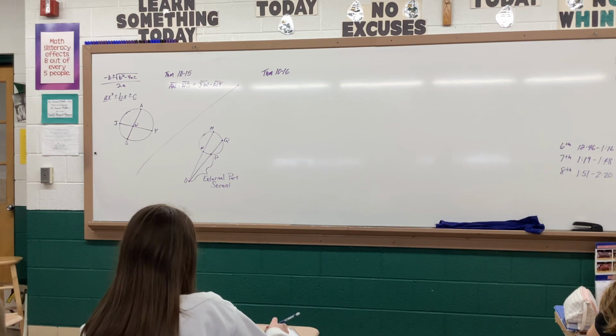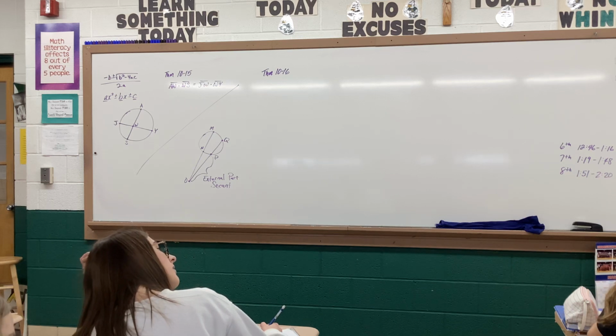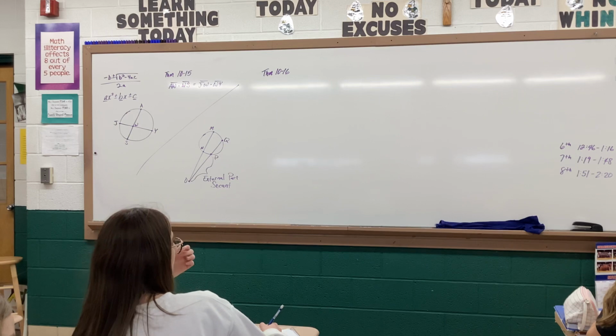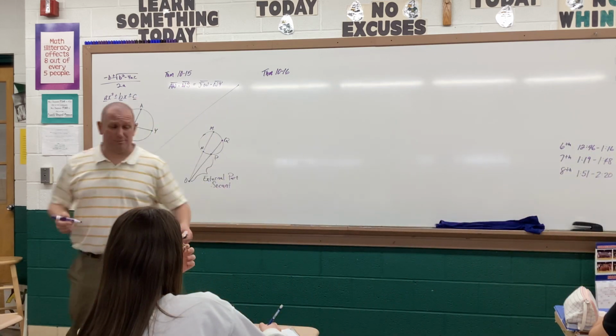Then the product of the measure of one secant segment and its external secant segment is equal to the product of the measures of the other secant segment and its external secant. Right? What the heck? Okay, so maybe that makes sense to you, maybe it doesn't.